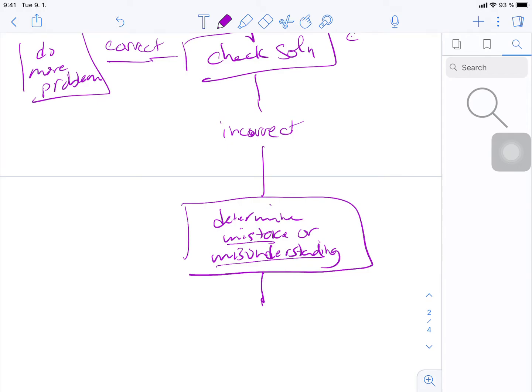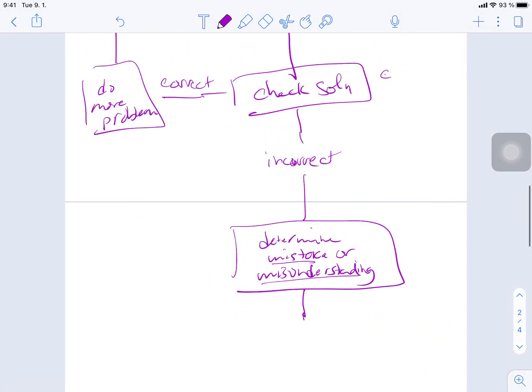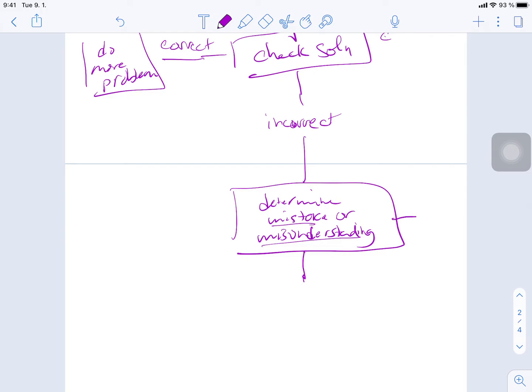Then you will either understand what's going on, or you are unable to understand. That happens too. That's part of the learning process.